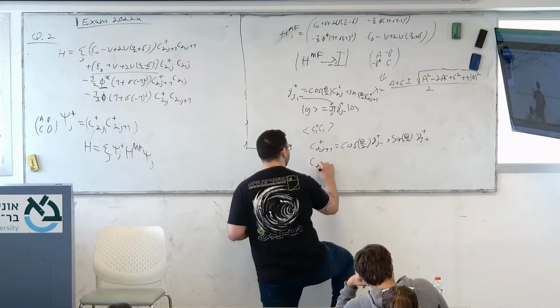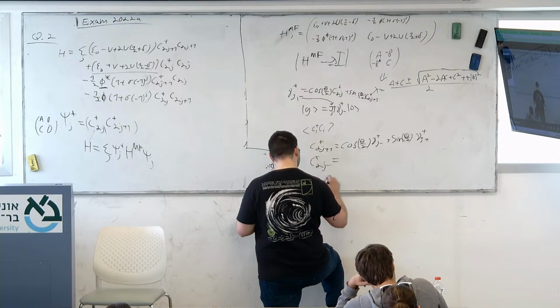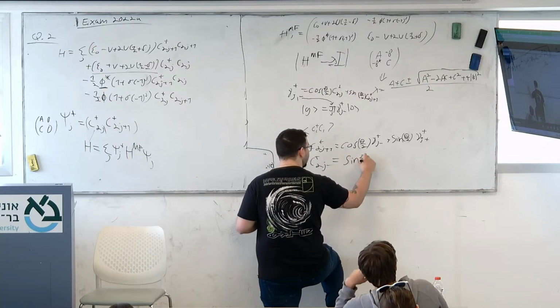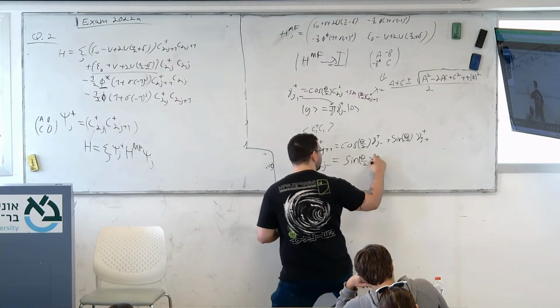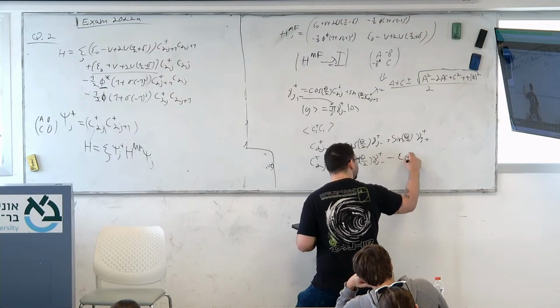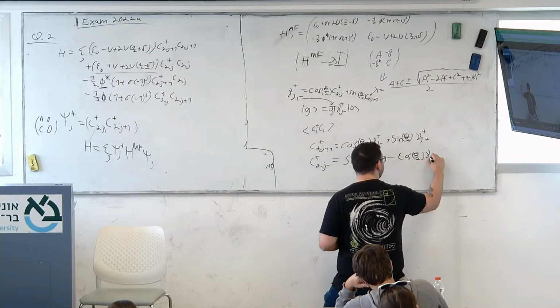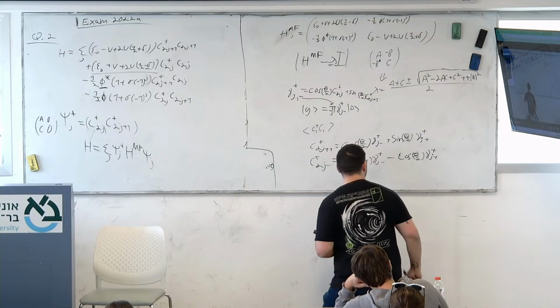Right, and C2J dagger to be equal to sine theta divided by 2 gamma J minus dagger minus cosine theta divided by 2 gamma J plus dagger.